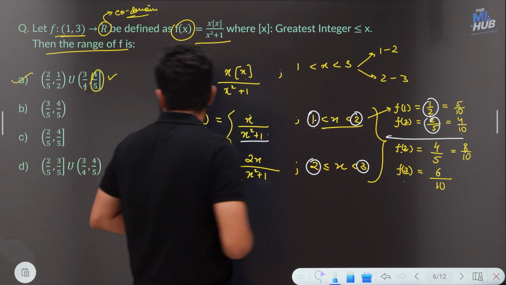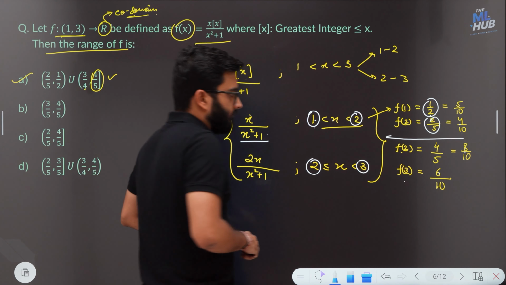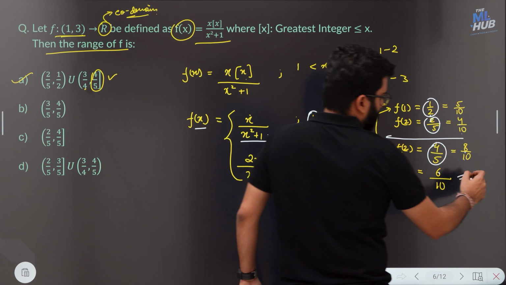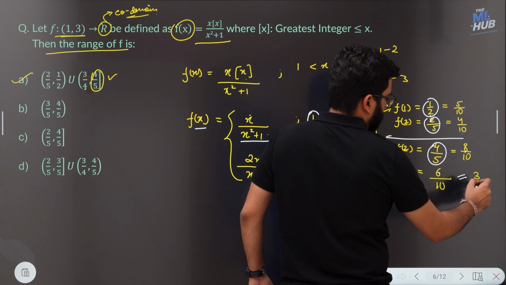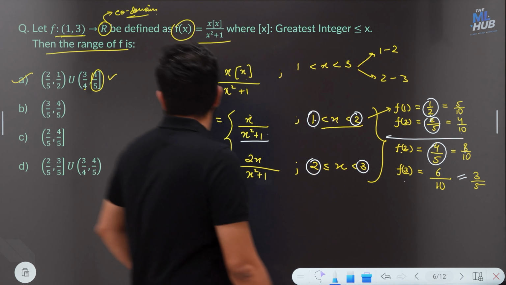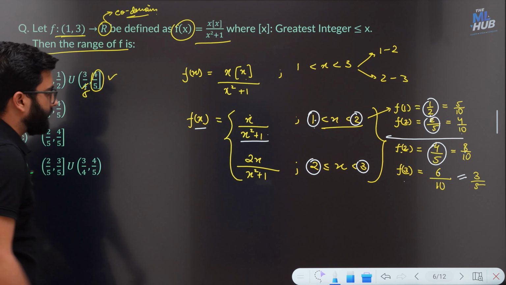And in the second part, it is from 3 by 4 to 4 by 5. This is 4 by 5. And this is 3 by, it is 3 by 5, not 3 by 4. It should be 3 by 5.